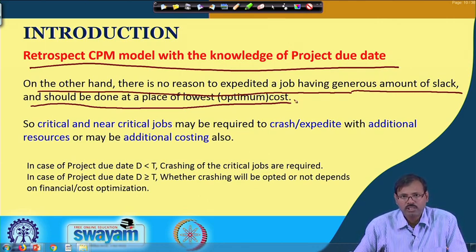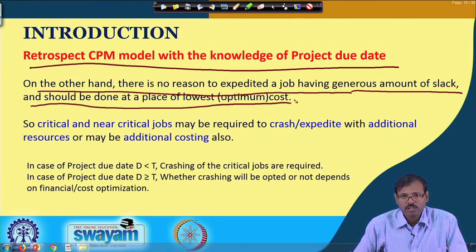It is not judicious to deploy additional resources to reduce that job path, because it already has huge slack. So, there is no need to reduce that one. Which job duration has to be reduced is a consideration to be taken based on the financial analysis of the project.